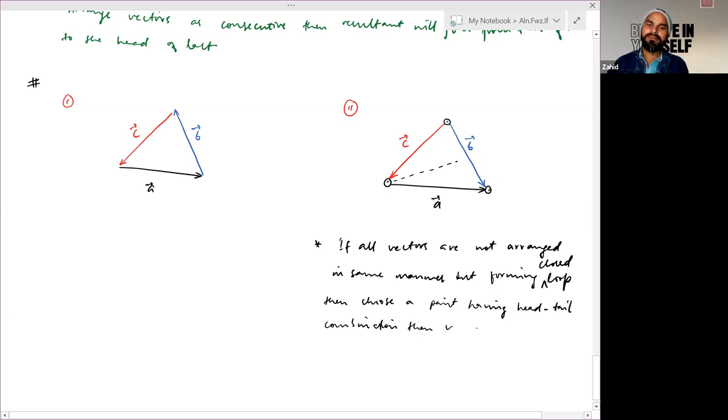Then the vector opposite to it will be the resultant. So in this part, B will be the resultant of C and A.